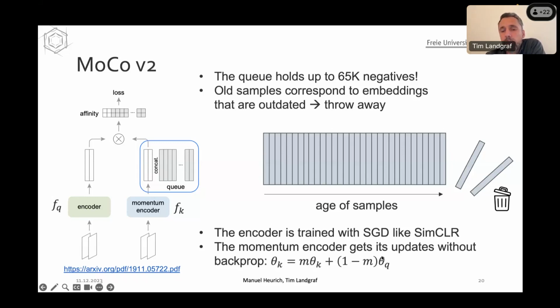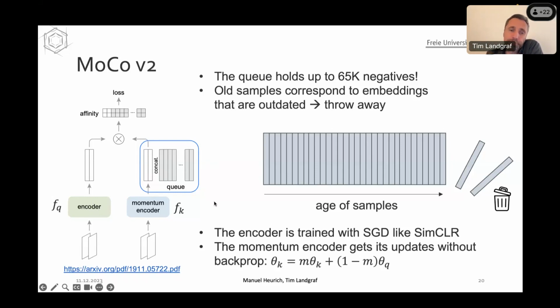So only a small influence into the parameters of the momentum encoder from the encoder's parameters, right? So there's a constant flow of information, but since m is pretty high, the momentum encoder is kind of smoothing the sometimes really noisy trajectories of the parameters in the encoder.